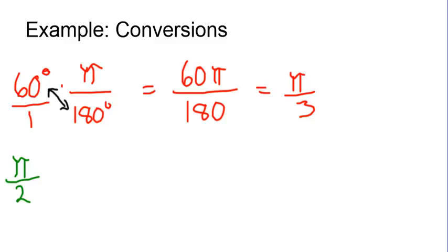So we started with 60 degrees, used that conversion expression, and changed it into radians. Okay, just like I talked about previously, we could technically label this as pi over 3 radians. If it's not written in there, it's understood to be that. Okay. The second part, we have pi over 2. Okay. Now we're going to use the other conversion expression.